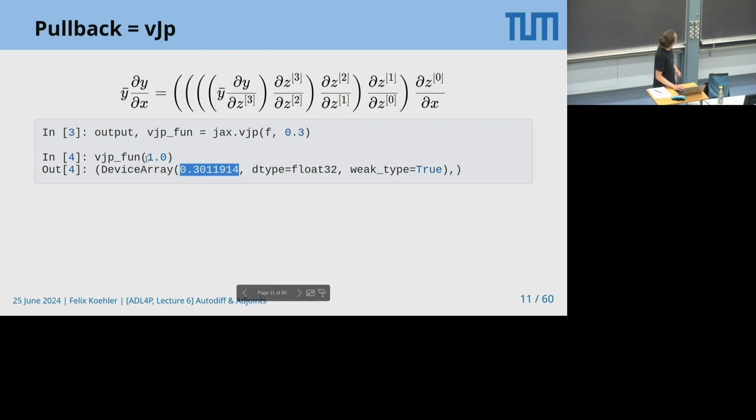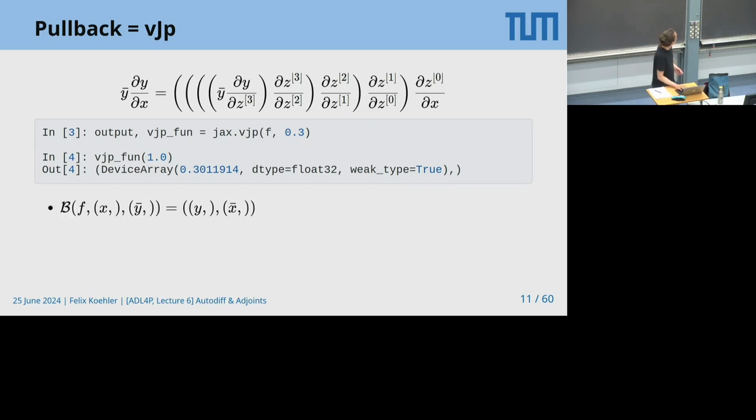This also highlights the two-stage nature of reverse mode automatic differentiation, in that you first execute the primal pass, so you get the output, and then you get a function which performs the reverse pass for you, which has saved all the temporary variables it needs, and then gives you the backpropagated cotangent.